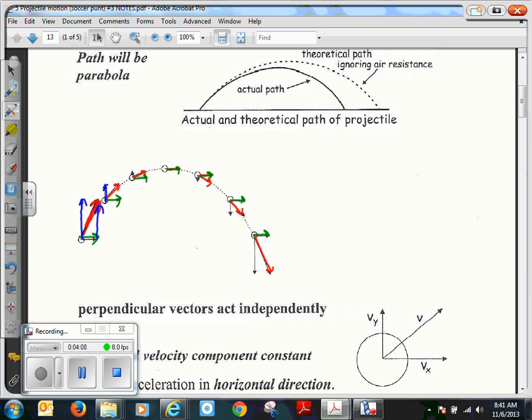It's getting smaller because there's a constant acceleration in that direction. This one's all gone. And then we have a little bit bigger, a little bit bigger, a little bit bigger. So those are the vectors and the way they change throughout this projectile motion.